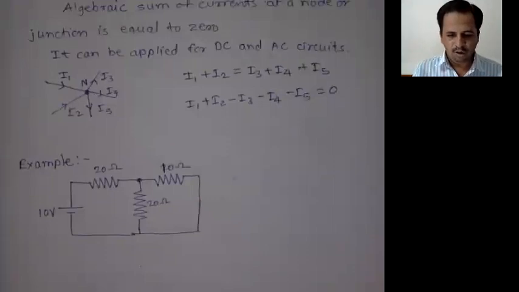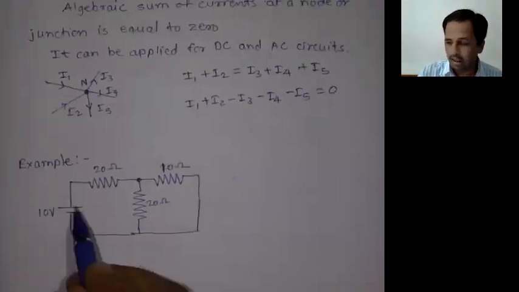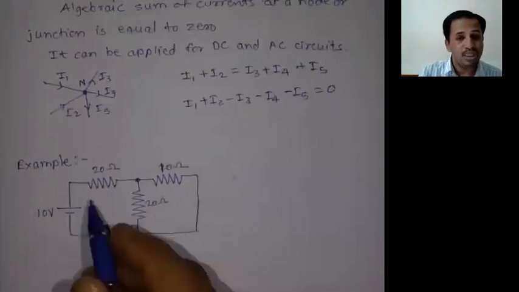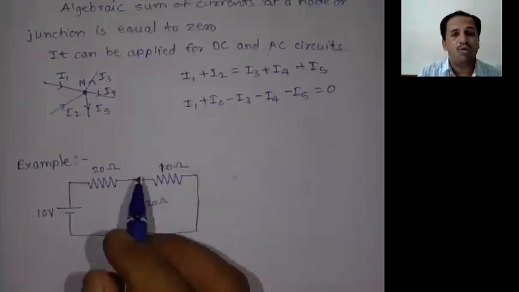Now first of all, to find out the current, we must know the total resistance of the circuit. The voltage is given, and the current flowing throughout this circuit is what we have to find out.